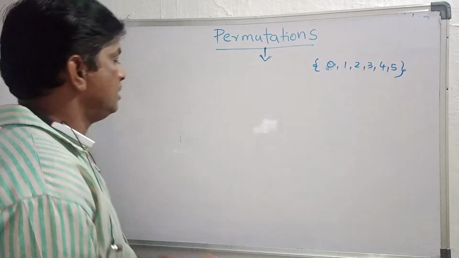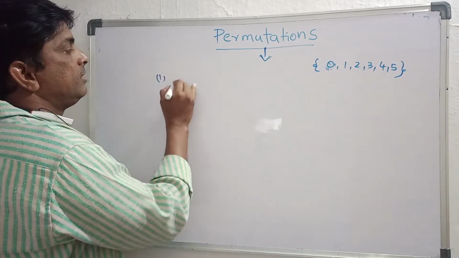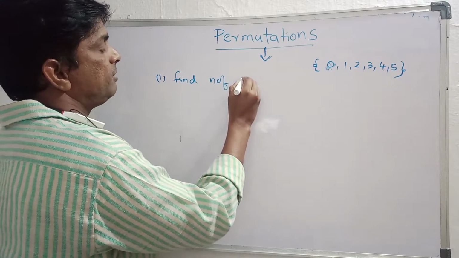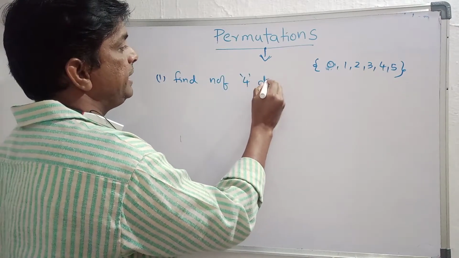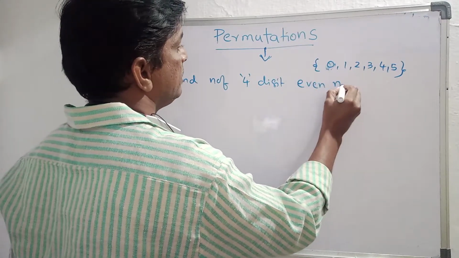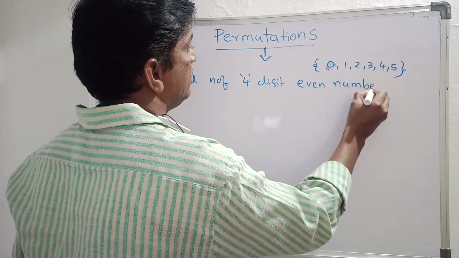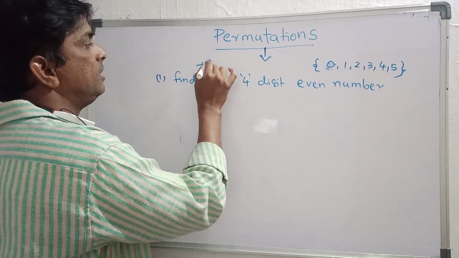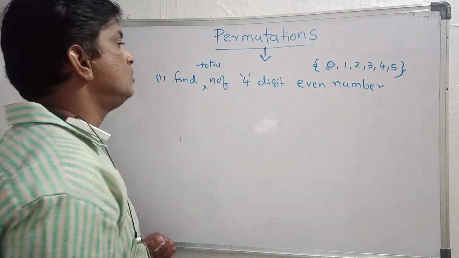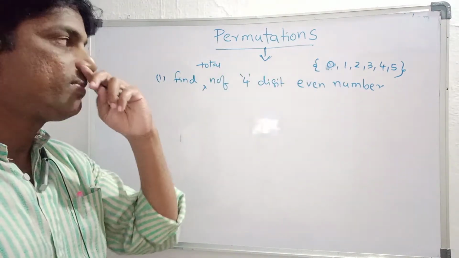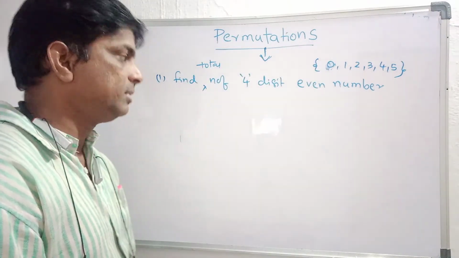Now my question is, find the number of 4-digit even numbers. Find the total number of 4-digit even numbers by using this, without repetition.